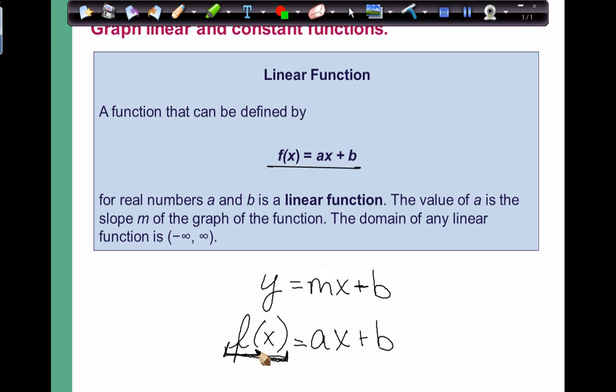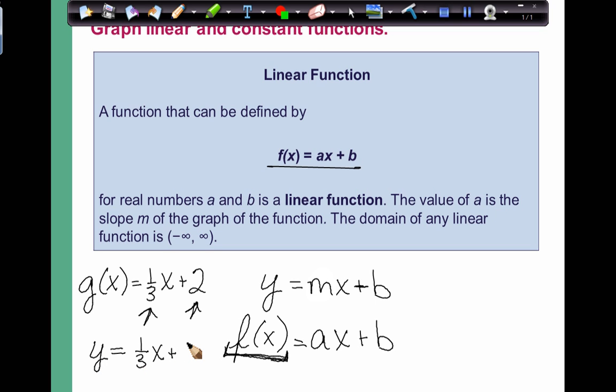So if you were going to graph a line in function notation, for example, if you had the line g of x equals 1/3 x plus 2, you would graph it using the y-intercept and the slope the same way you would graph it if it were y equals 1/3 x plus 2. Okay, same thing, same thing.